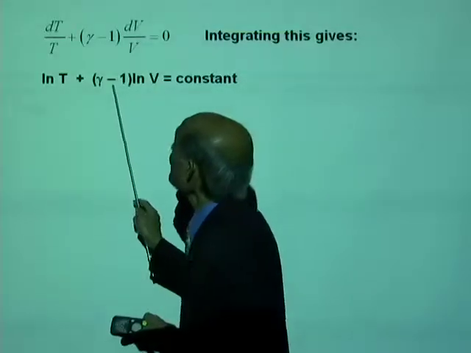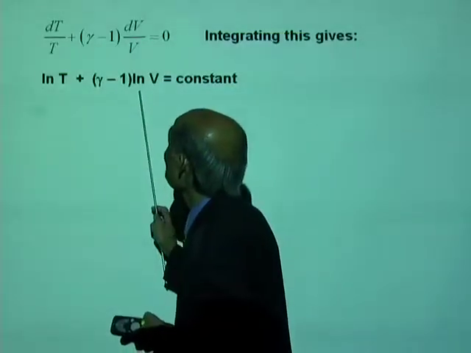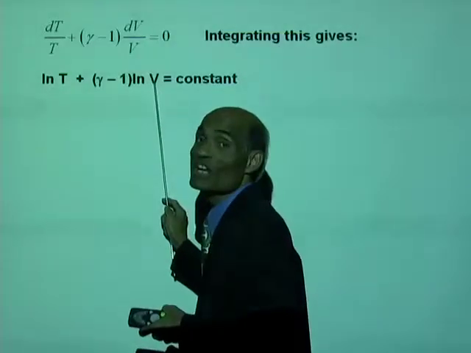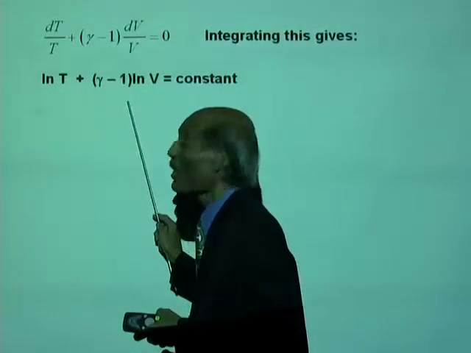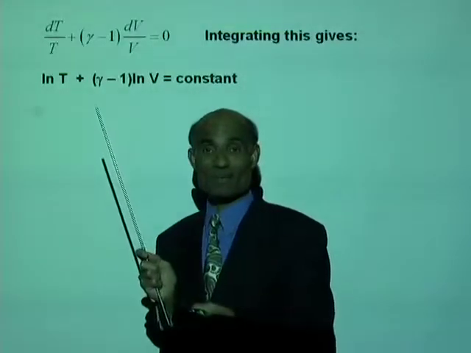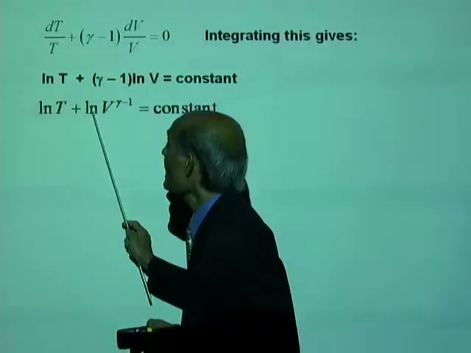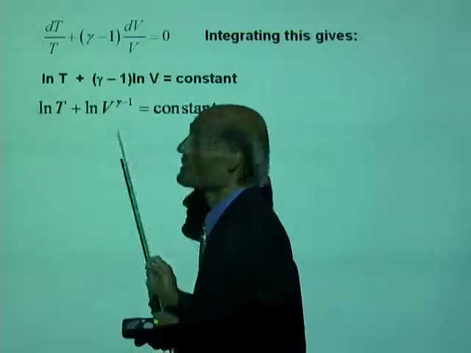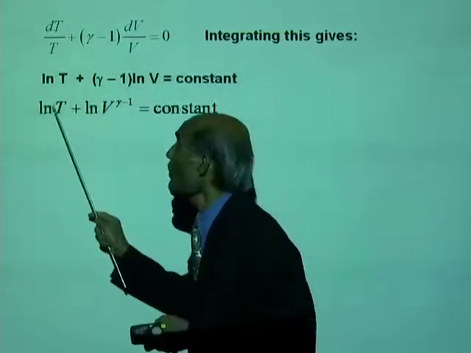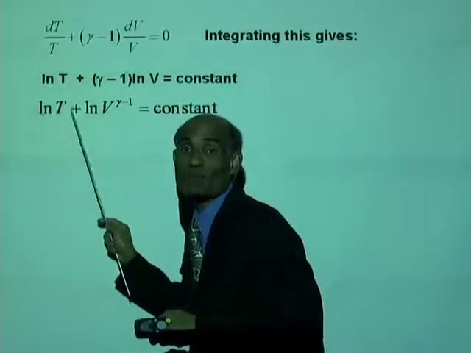Well, I can rewrite this. Can you use the properties of logarithms to write this? Gamma minus 1 ln V is the same as ln of V to the power of gamma minus 1. Is that right? Yes. So that will be ln T plus ln V to the power of gamma minus 1 is a constant. And now the left hand side is the sum of two logarithmic terms.